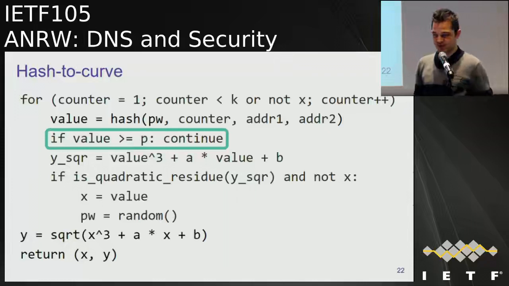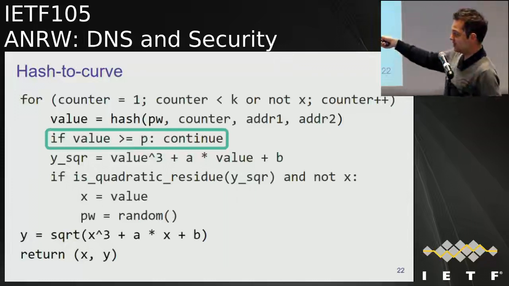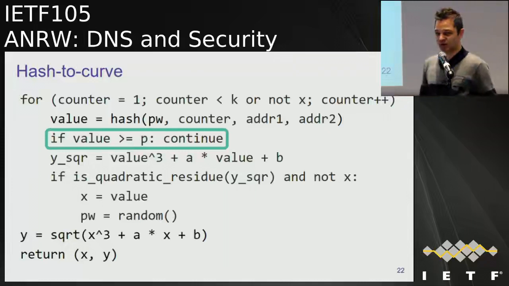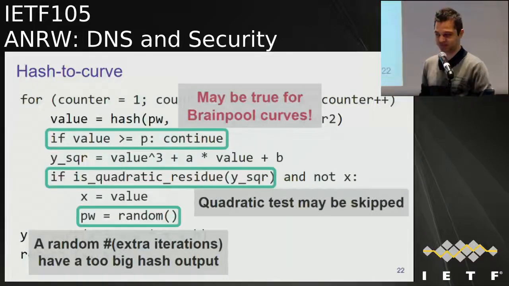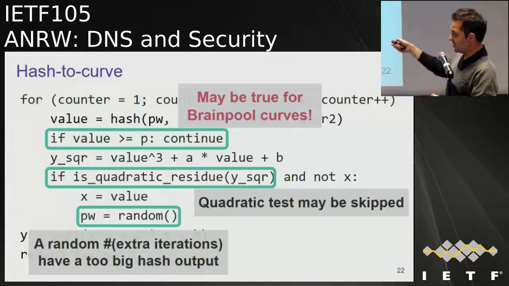Now, the interesting thing here: if we use NIST curves, the probability of this condition being true is very low. But with Brainpool curves, this has a probability of, say, between 20 to close to 50%, depending on the specific curve you're using. And in that case, the quadratic test may be skipped.